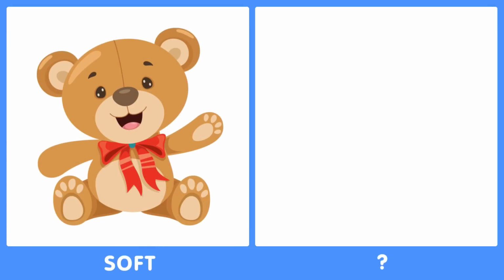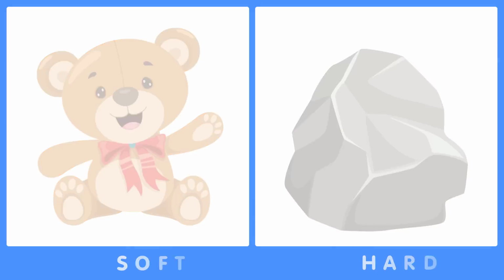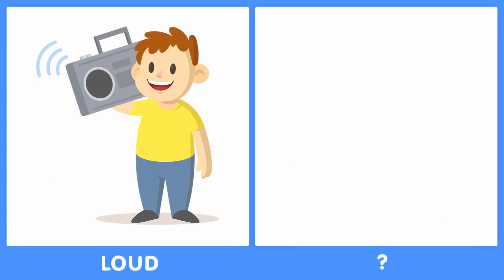The next word is soft. The opposite of soft is hard. The next word is loud.